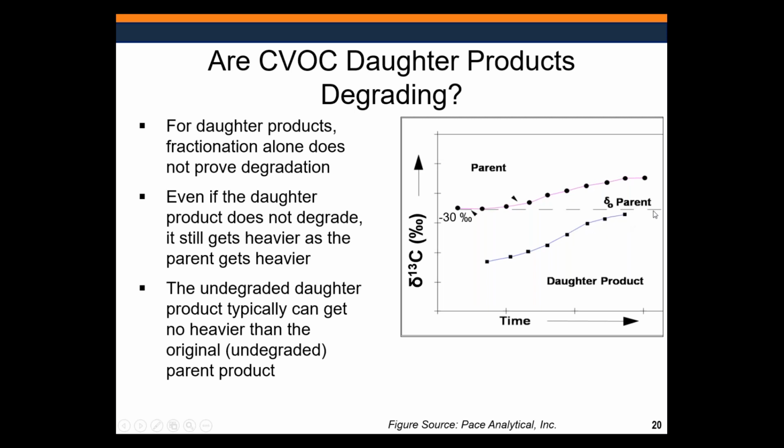And you'll get to a point in time where the TCE in this case is completely gone, and all of the cis-DCE is now at -30 per mil. So TCE is gone, your cis is -30, if it's not biodegrading. So that's the important point. That daughter product will never get heavier than the original parent if it's not biodegrading. So you'll never see cis above that about -30 per mil metric if you're sampling out in the field.